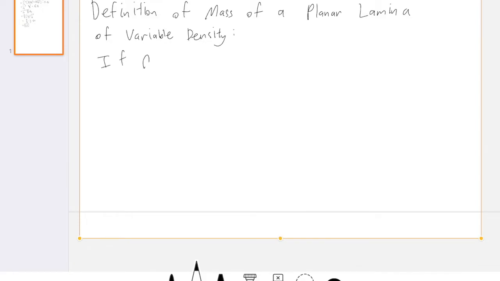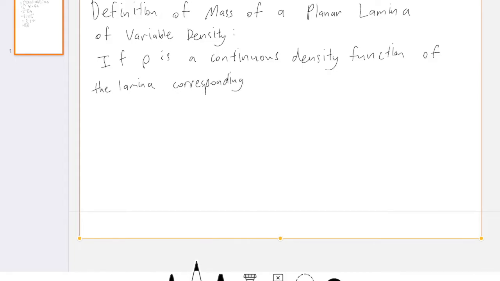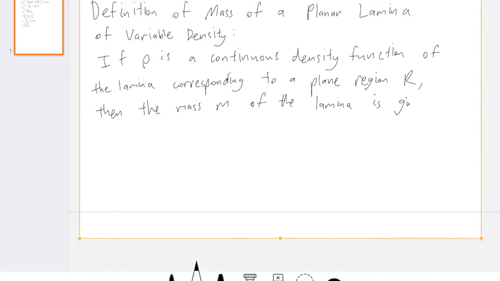So if rho is a continuous density function of the lamina corresponding to a plane region R, then the mass m of the lamina is given by m equals the double integral over the region R of rho as a function of xy dA.